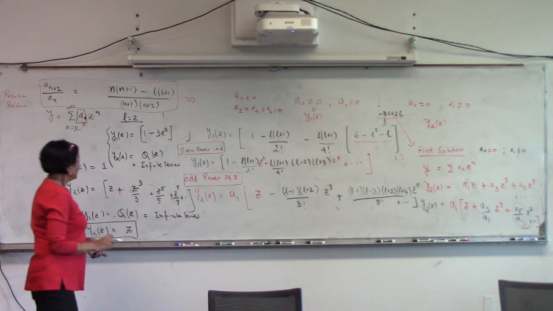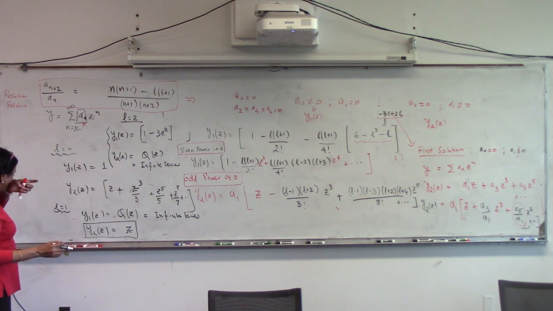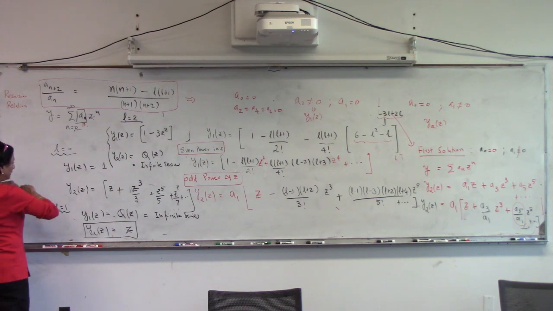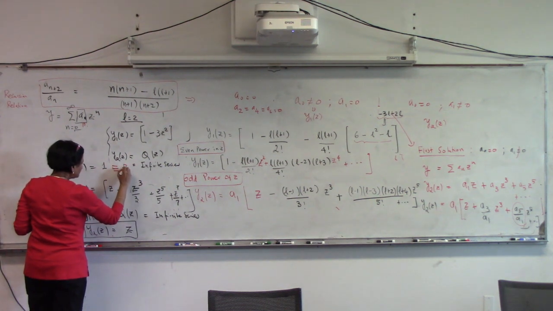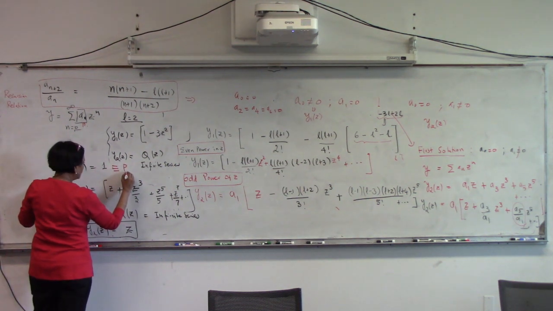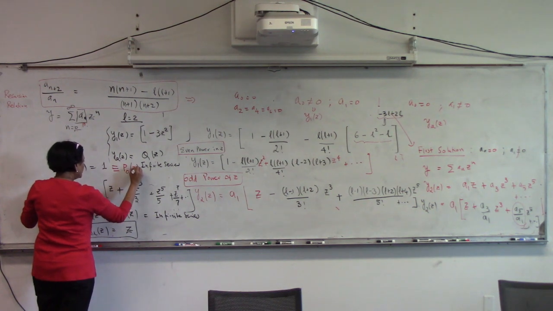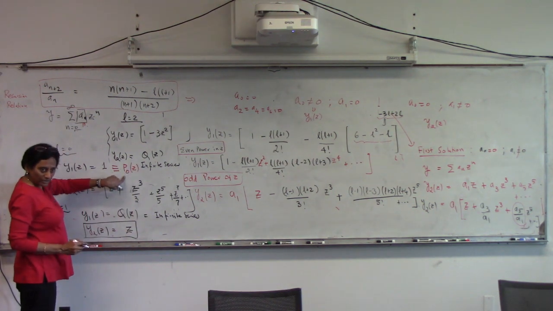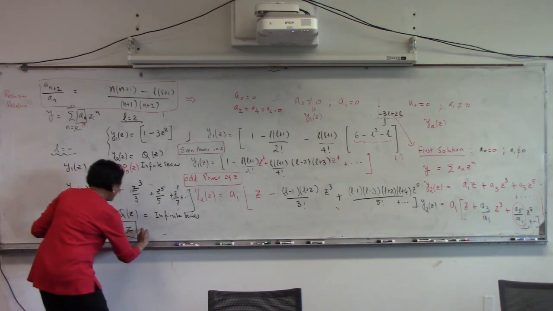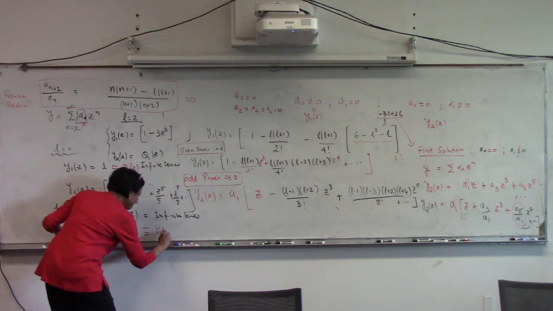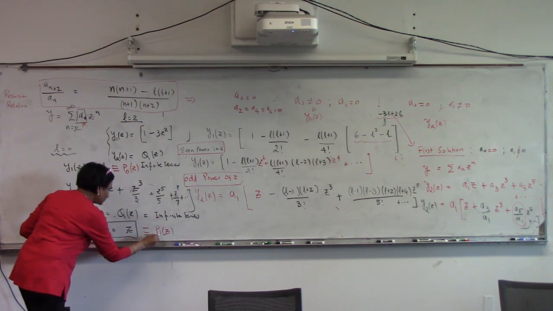Now, in quantum mechanics, in electromagnetic theory, you will see these notations. y1(z) is nothing but P0, L equal to 0, right? This is called the Legendre polynomial of order 0, P0. And this one is nothing but P1(z), L equal to 1.